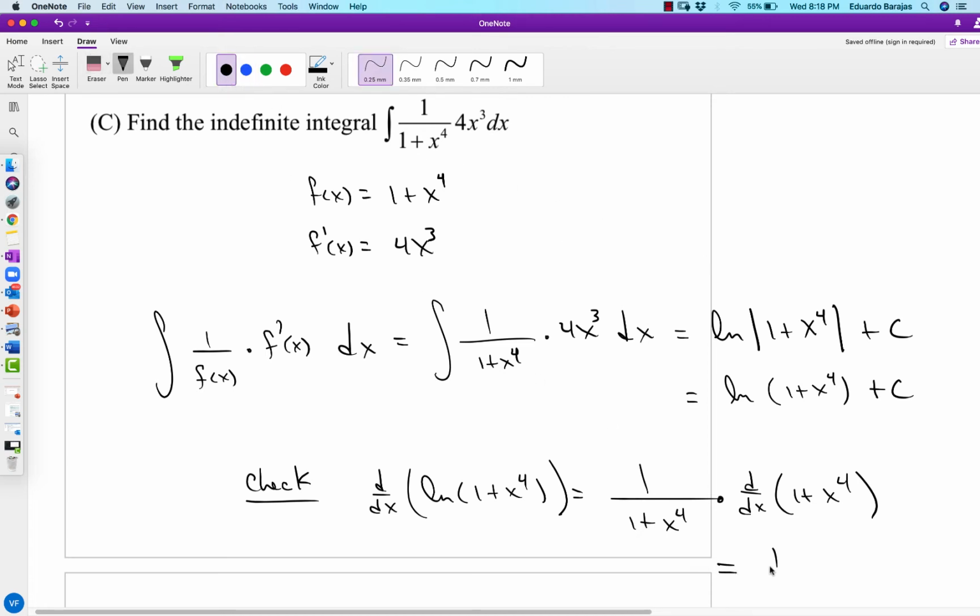Gives you exactly 1 over (1 plus x to the fourth) times 4x to the third power, right? Exactly the integrand from over here. So we found a function such that its derivative equals that.